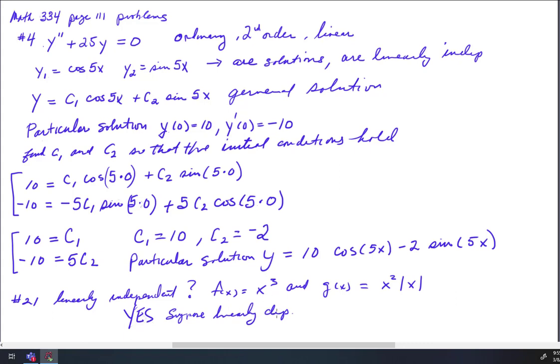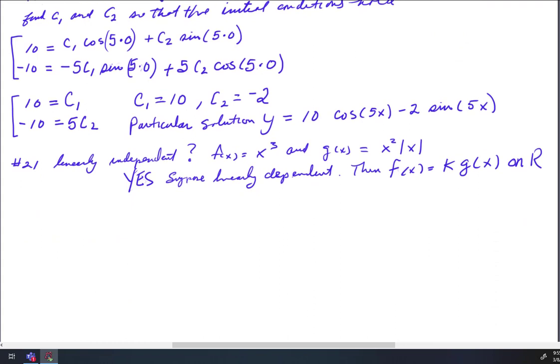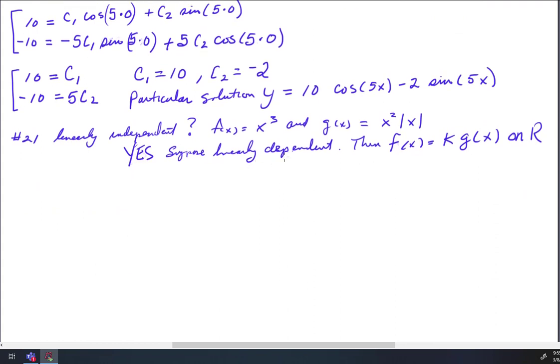Suppose that they were not. Suppose they were linearly dependent. Then we can say f of x is a constant multiple of g of x, on the real numbers, on R. So we're supposing that they're linearly dependent.